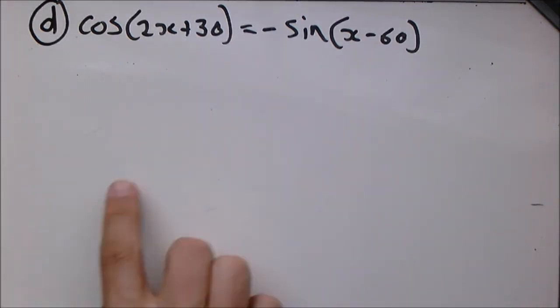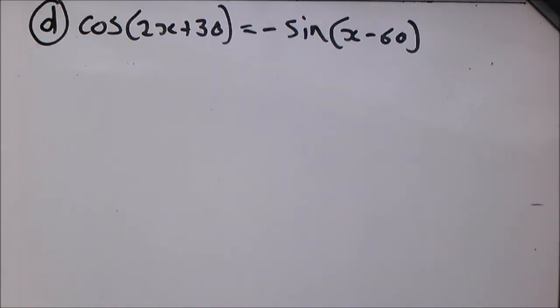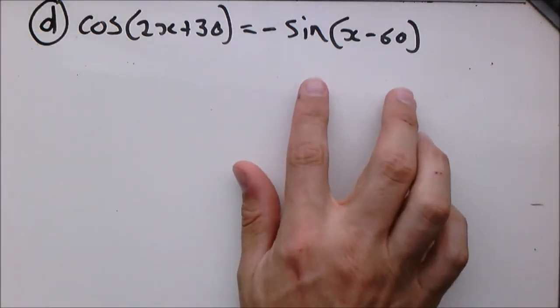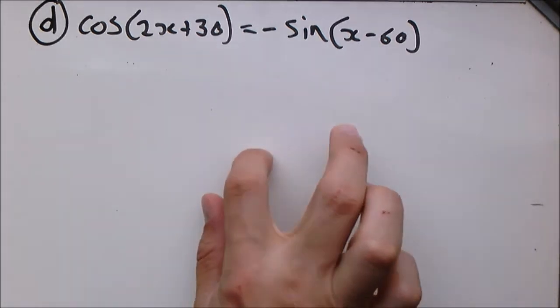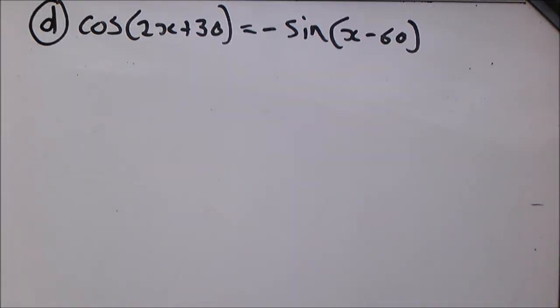But here we've got a negative now, and with this, we need to think carefully about which reduction formula we're going to use. You can use any of the two that work with sine, but the one will be much shorter.